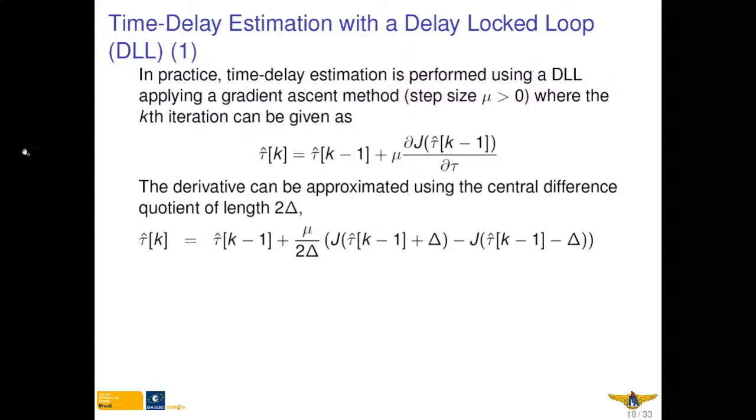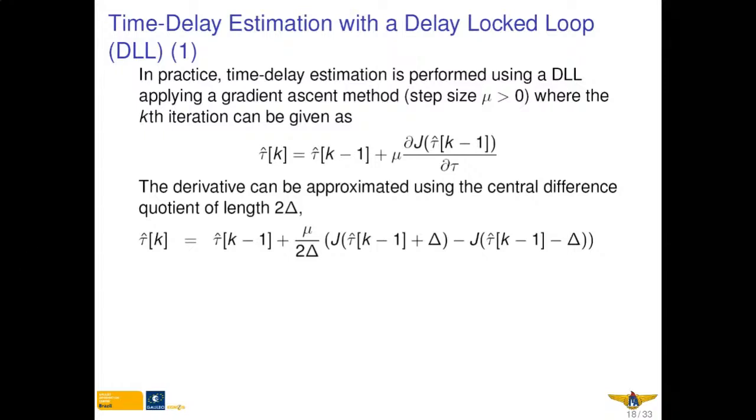The derivative in this formula can be approximated using the central difference quotient of length 2 delta. We can introduce that here in this formula, where we now have the cost function with a signal delayed by plus delta and delayed by minus delta.